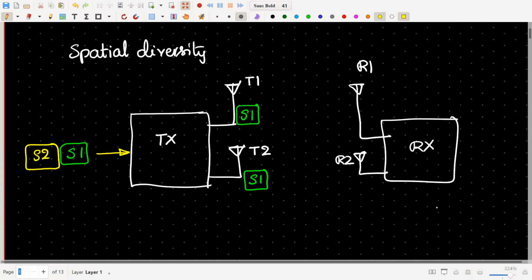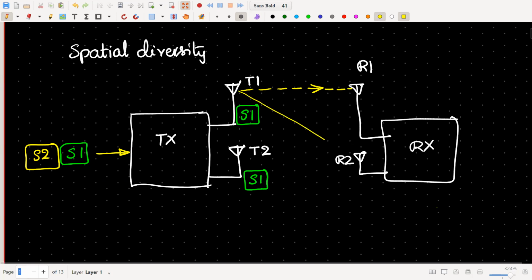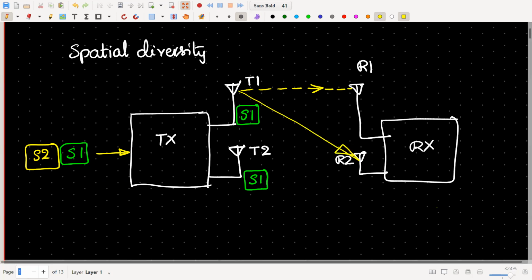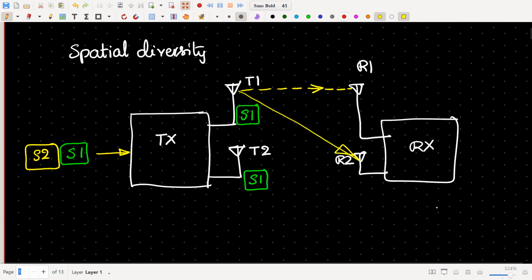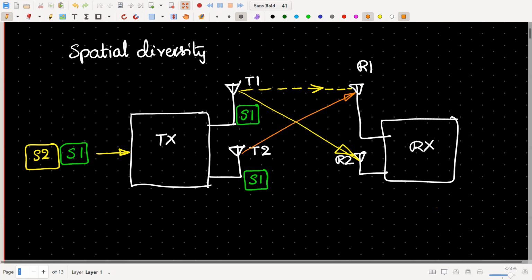This is one wireless path, one radio path. This is another path you have, and the other paths are here. So you have a total of 4 paths, and over these 4 paths, the same symbol S1 will be transmitted.